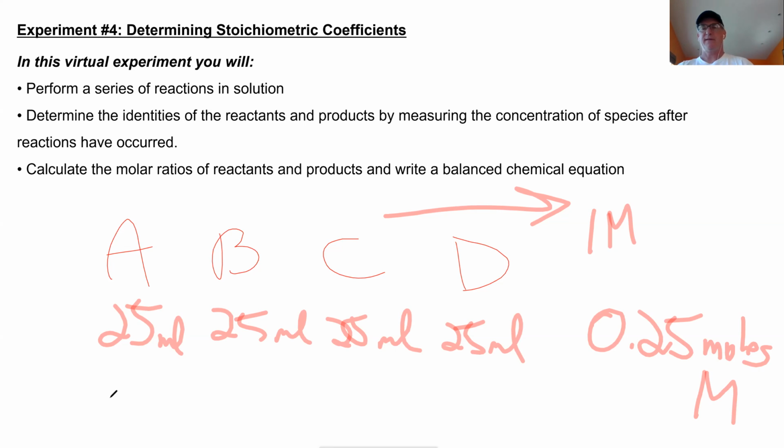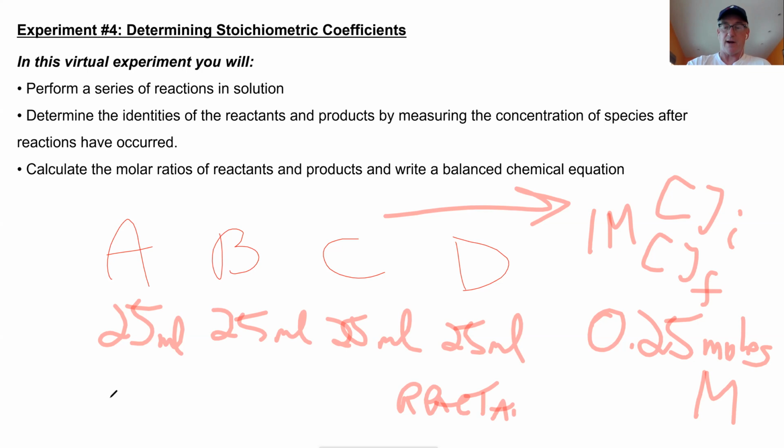So this is what we would call the concentration initial. And then something would happen and we would get the concentration final. So what are we looking for so we can tell the difference between a reactant and a product?